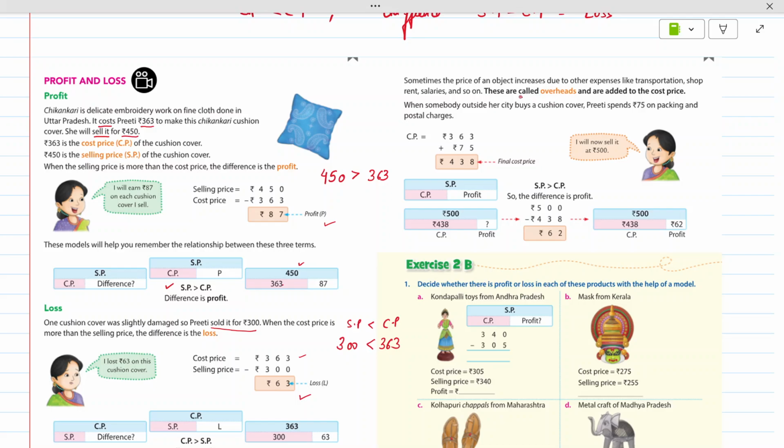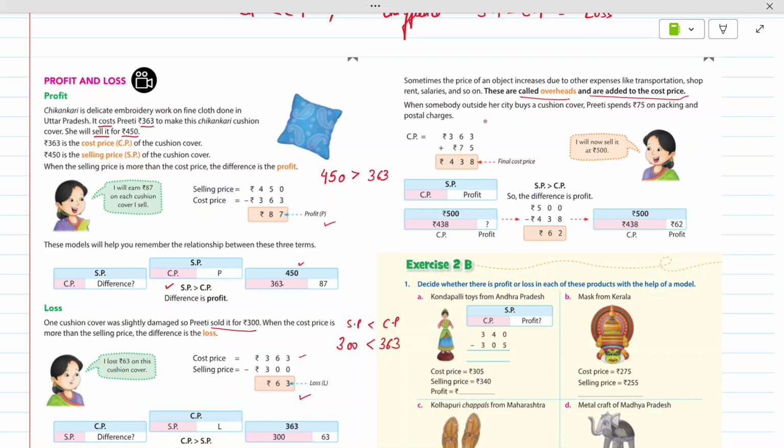These are called overheads and they are added to the cost price. Let us understand this overhead with this example. When somebody outside her city buys the cushion cover, Preeti spends rupees 75 on packing and postal charges.